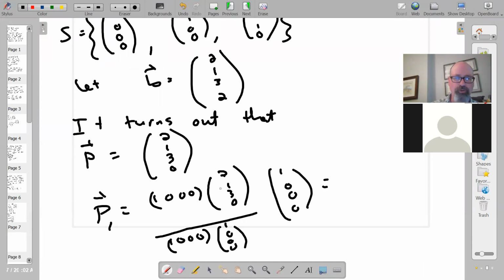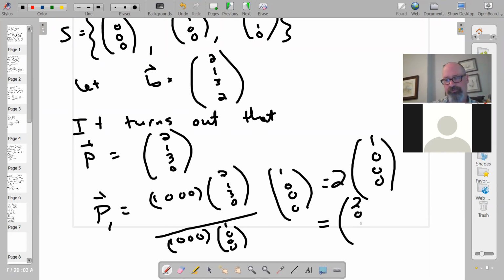The dot product in the numerator is a 2. The dot product in the denominator is a 1. So the projection onto the first vector is just twice 1, 0, 0, 0, or even better, 2, 0, 0, 0.